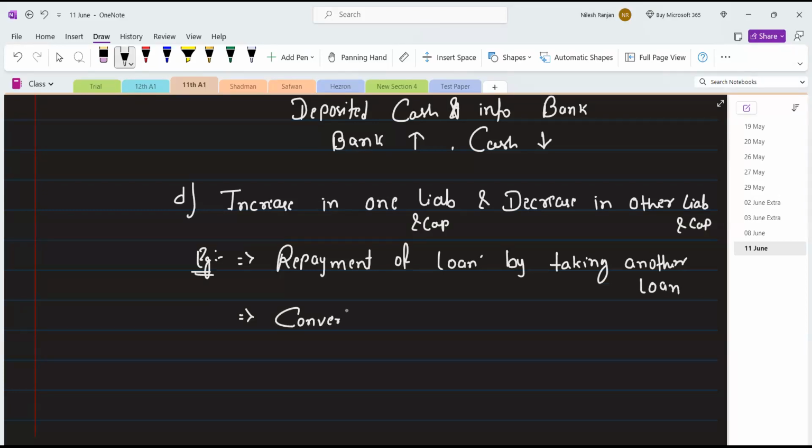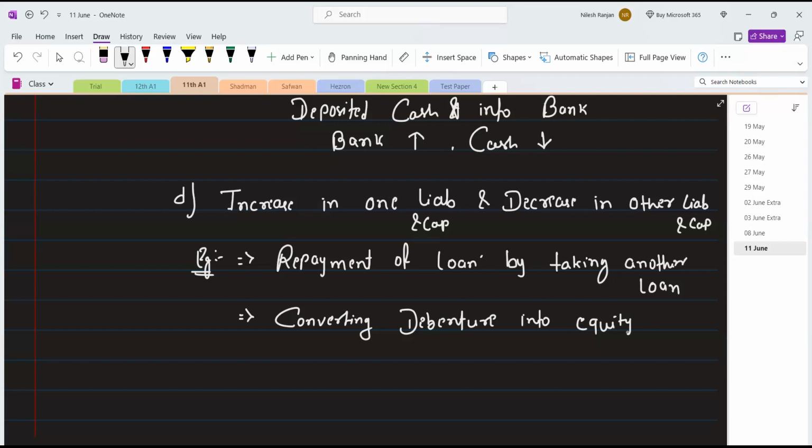Next is converting debenture into equity. Now, what is debenture? Debenture is a type of loan. And what is equity? Equity means capital. These words are used in company.